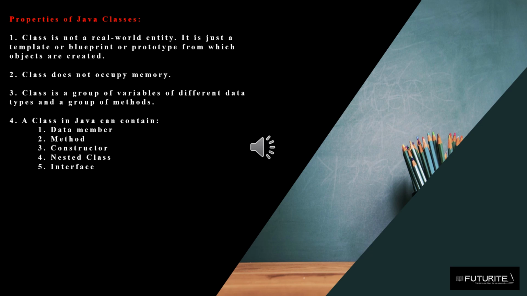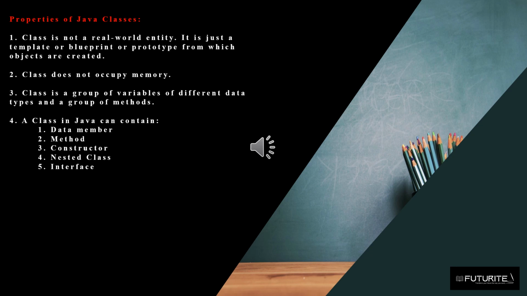A plan, a blueprint of your house, right? Is the blueprint a real-world entity? Can we say that the blueprint is your house? No, because your house will be built based on that blueprint. So the blueprint is just a logical entity. It's not a real-world entity which exists in the real world.